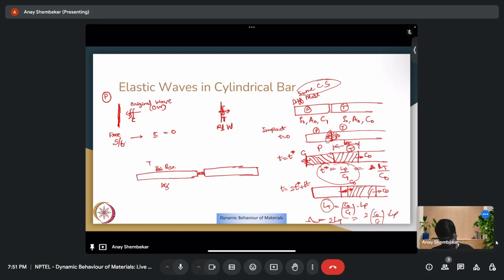Should be the incident bar. This would be the transmission bar. Both incident and transmission bars are usually made out of high strength steel, whereas this small object is what you want to measure. So you now suddenly have an impact problem with both change in material property as well as change in cross section.